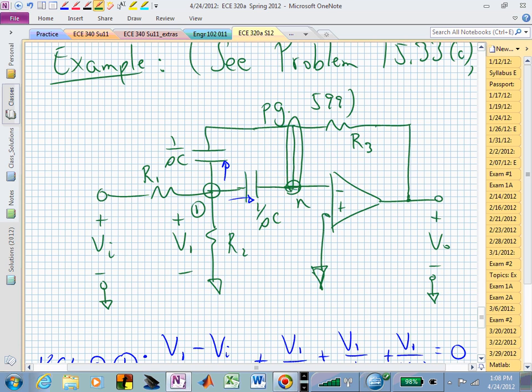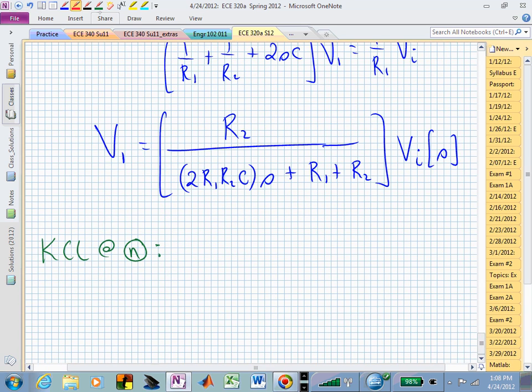And doing that, we see that we have the 2 currents going, let's say, in the opposite direction, or maybe we keep them going in the same direction. So let's just say the sum of the currents going into that node, and now we have those 2 blue currents and this current, and those 3 will sum to 0. And that will now allow us to relate V1 to V naught, or V out. And the 2 blue currents now say that we have V1 over 1 over SC plus V1 over 1 over SC.